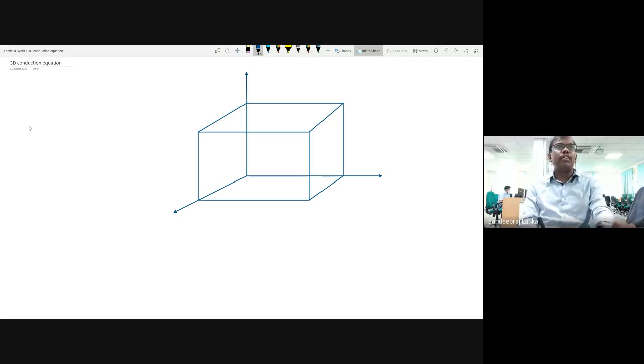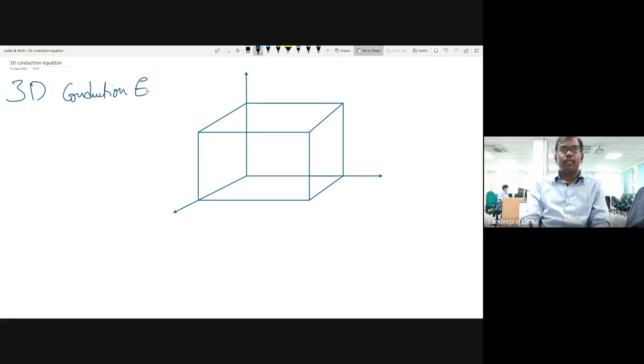So I should put a heading here. The heading will be 3D conduction equation. And this will also be called the generalized conduction equation.